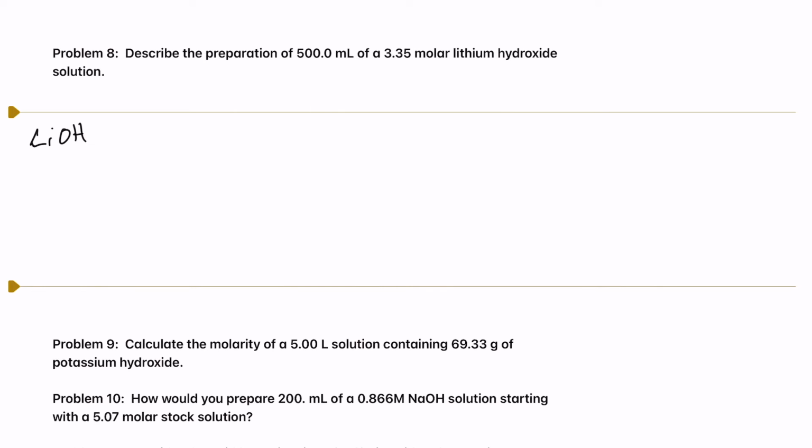So remembering that we have moles per liter, there's a couple of things that we could do here to describe this preparation. But basically we're making a half of a liter of 3.35 moles per liter solution. So the first thing we're going to do is figure out, okay, well, how much lithium hydroxide do we need?